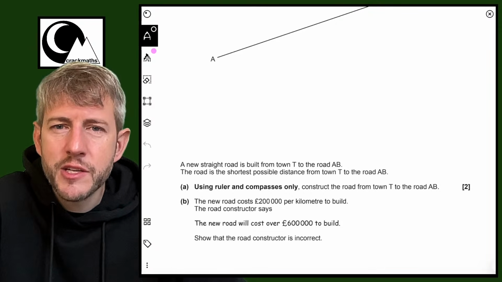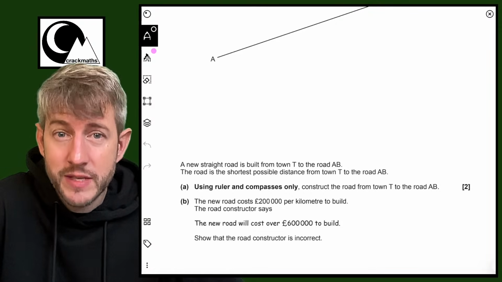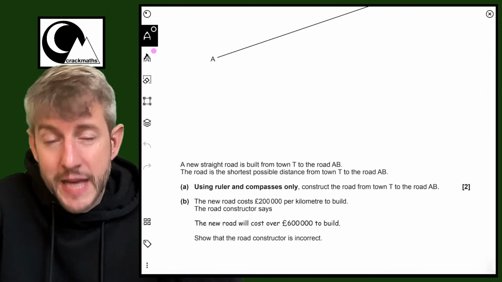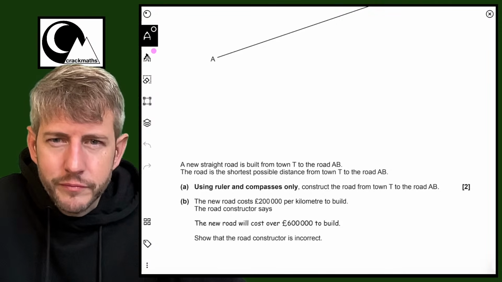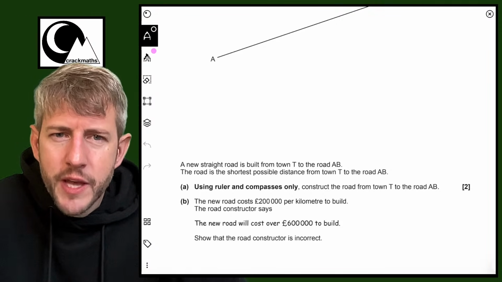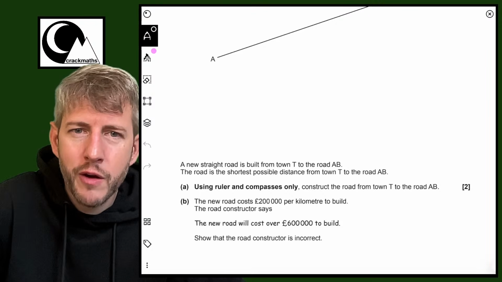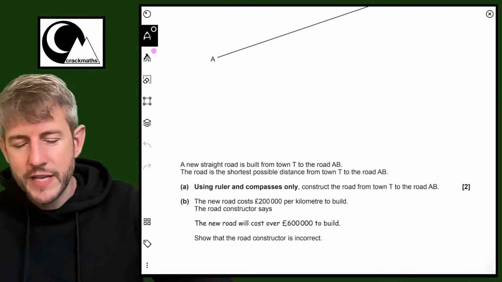The road is the shortest possible distance from town T to road AB. Using a ruler and a compass only, construct the road from town T to road AB.